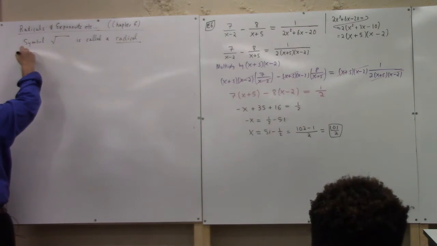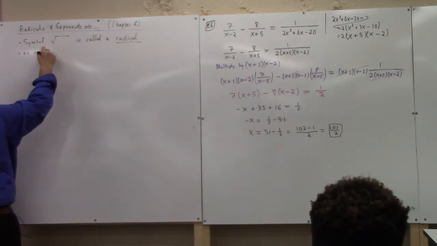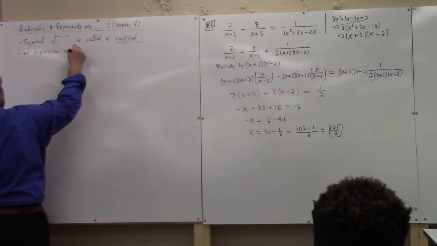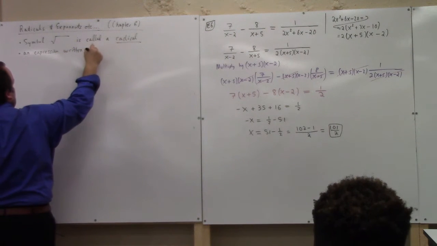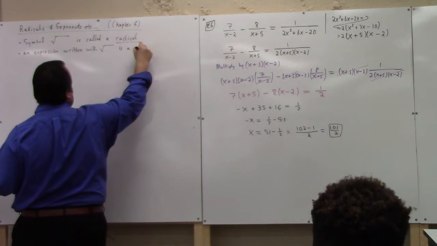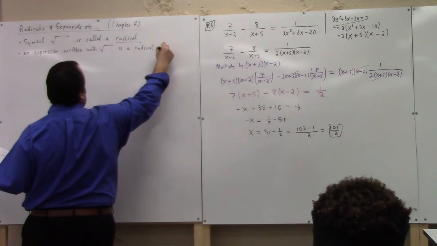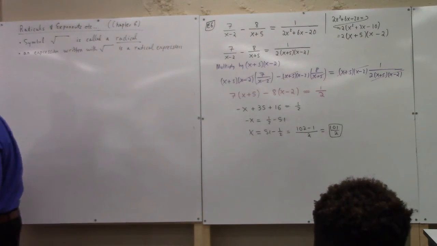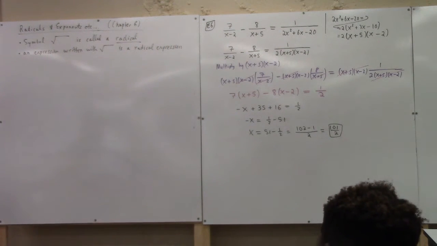An expression written with a square root is a radical expression. So what we're going to be learning is how to simplify radical expressions and eventually how to solve equations involving radical expressions, right?